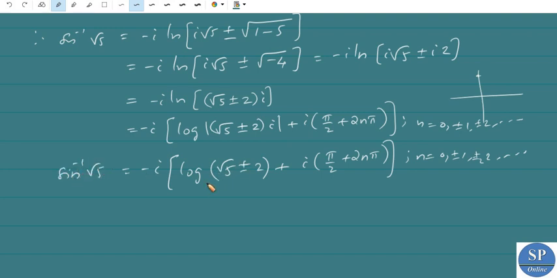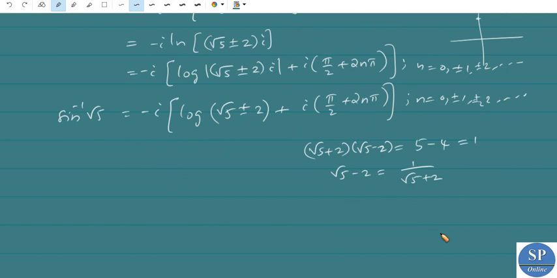Now to simplify this, looking at root 5 plus 2 and root 5 minus 2, we have root 5 plus 2 into root 5 minus 2, which is a plus b into a minus b, that is a square minus b square. So 5 minus 4 is equal to 1. So we can write root 5 minus 2 as 1 by root 5 plus 2.